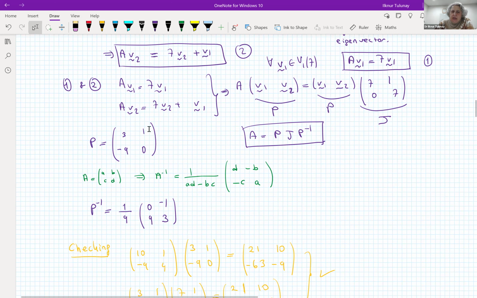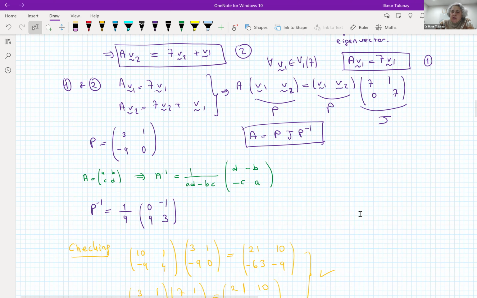This times this minus this times this is just 1 over 9. So AD minus BC is 9, which is basically the determinant, as you realized. And you swap the diagonal entries, so 3, 0 will be 0, 3. Then you put the minuses on the opposite diagonal. This is minus 1, and minus 9 will be 9.